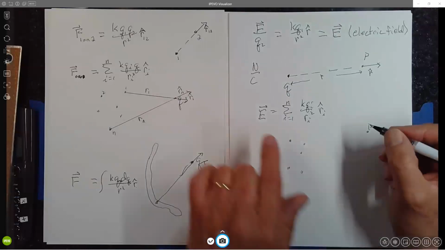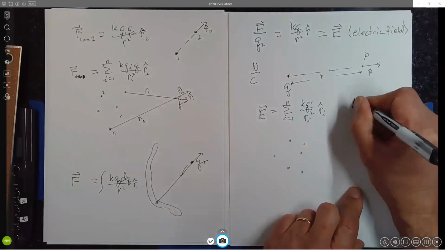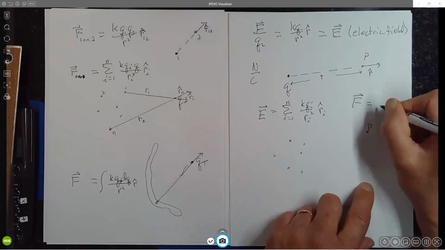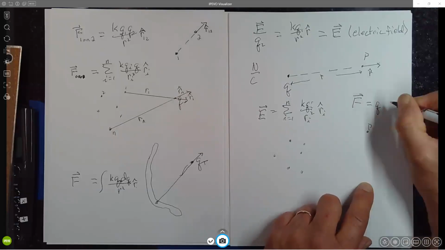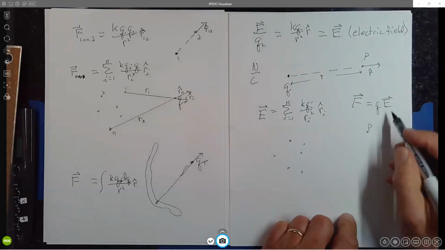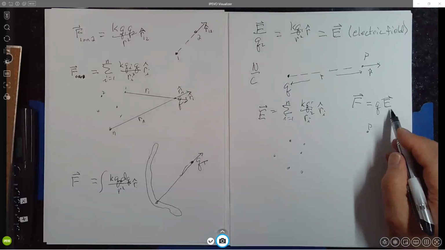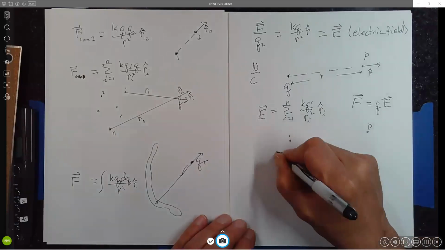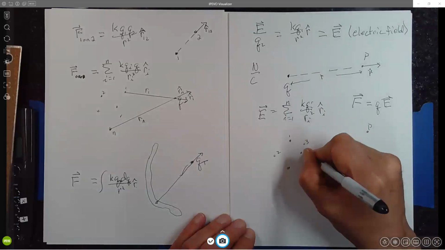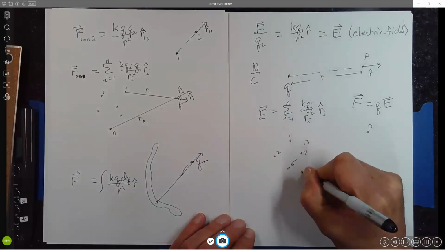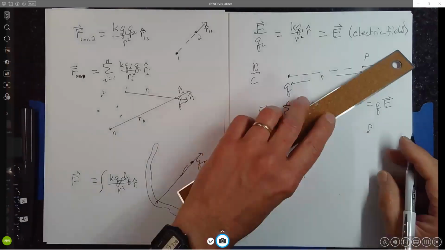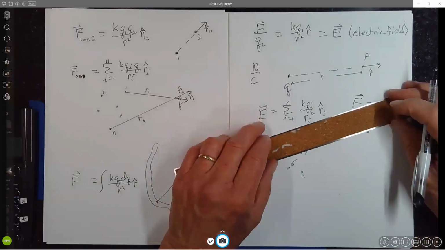In fact, here's something to keep in mind for all of these fields. The force on a particle in an electric field is going to be just the value of the charge times the electric field. So in this case, we've got 1, 2, 3, 4, 5 in here, and with each one of those, you're going to have a separate distance.